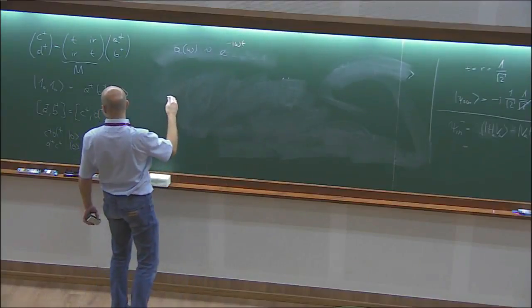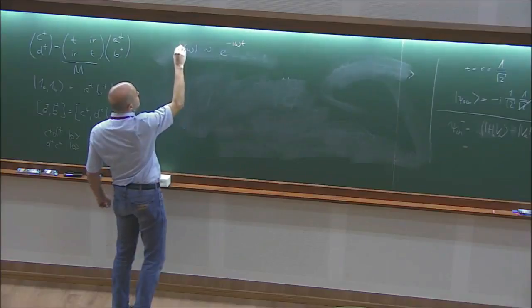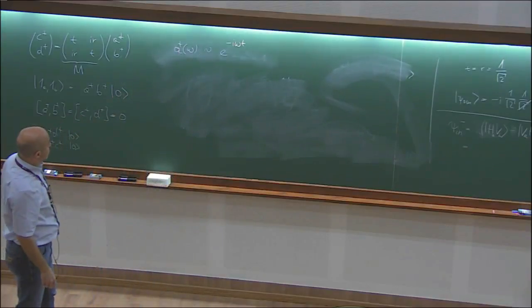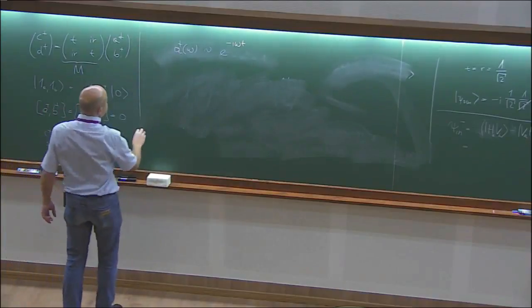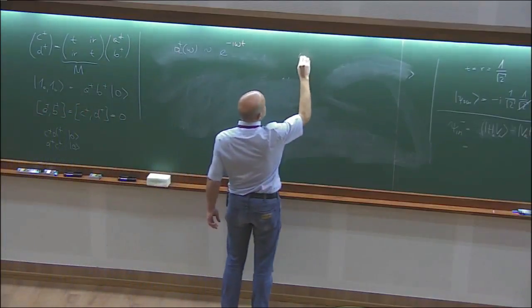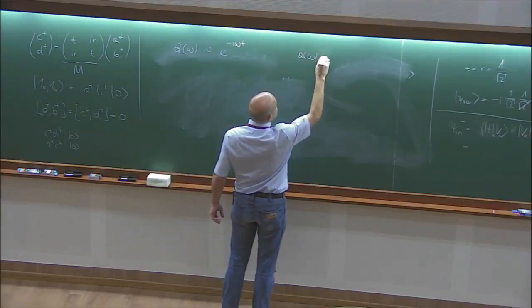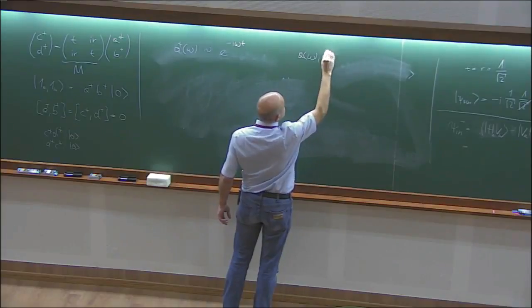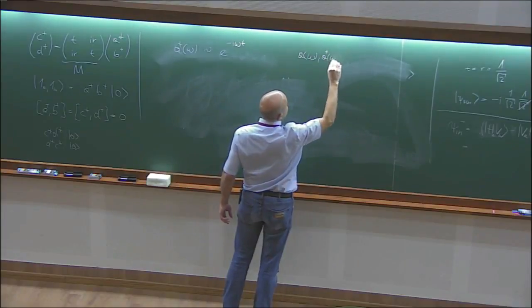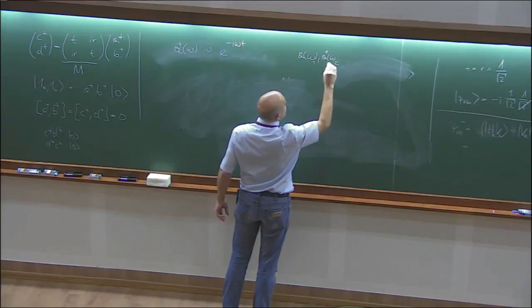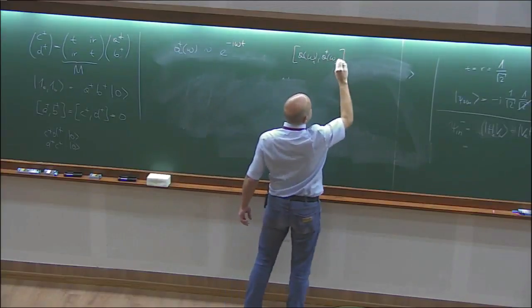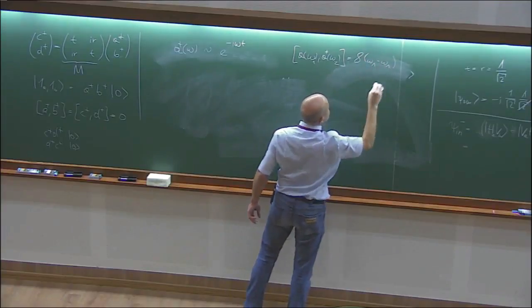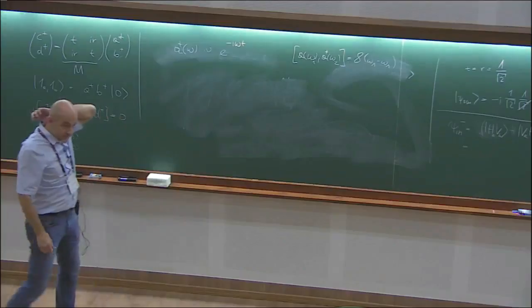Or wait a second, it's the A dagger that has the minus. And so I will need that A of omega 1 and A dagger of omega 2 commute to delta of omega 1 minus omega 2, only.